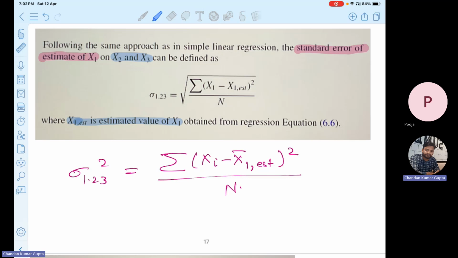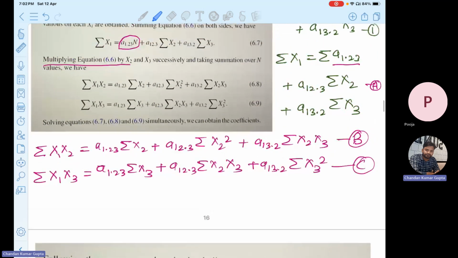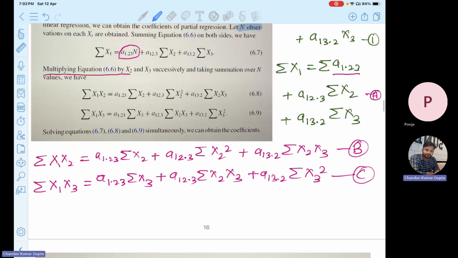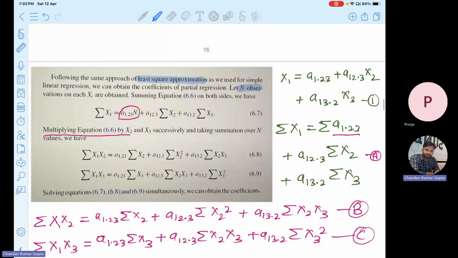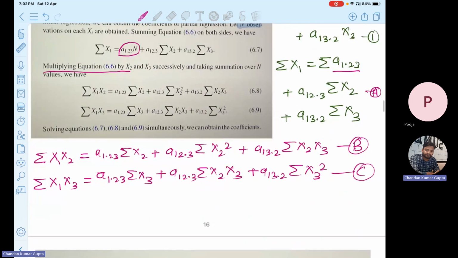From equations a, b and c, we are able to calculate the values of a1.23, a12.3, and a13.2. Then our main equation is equation 1.